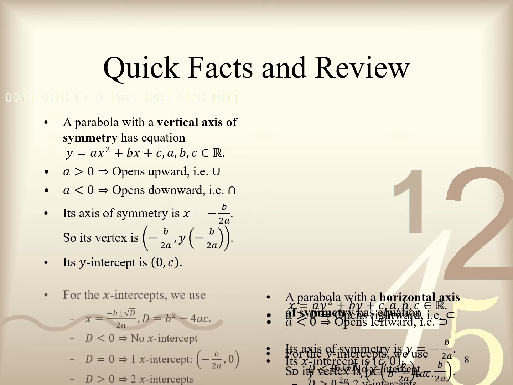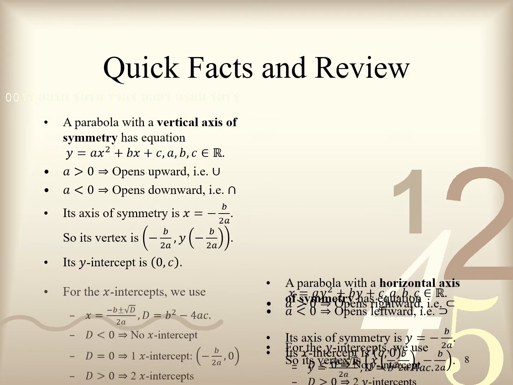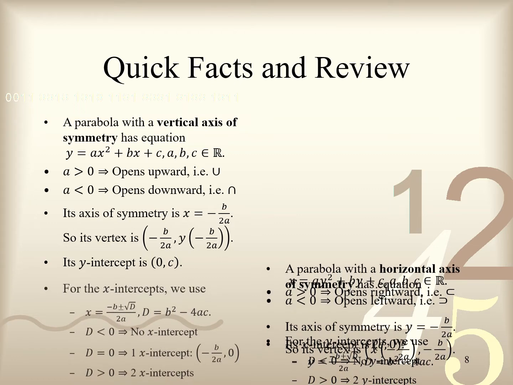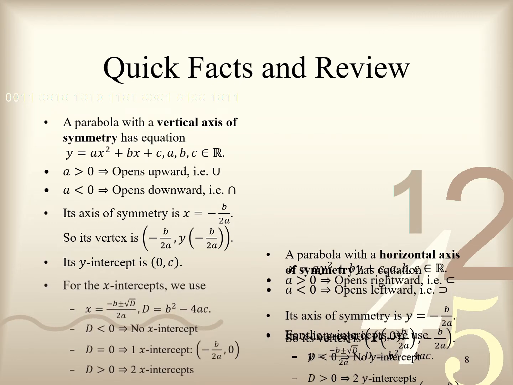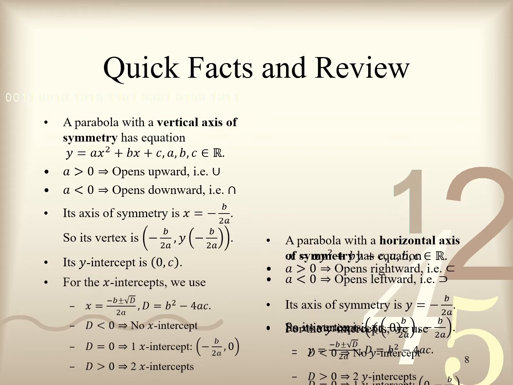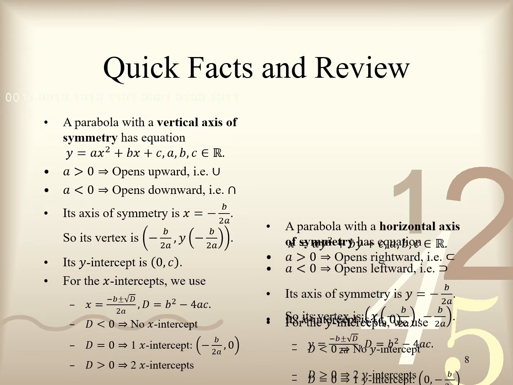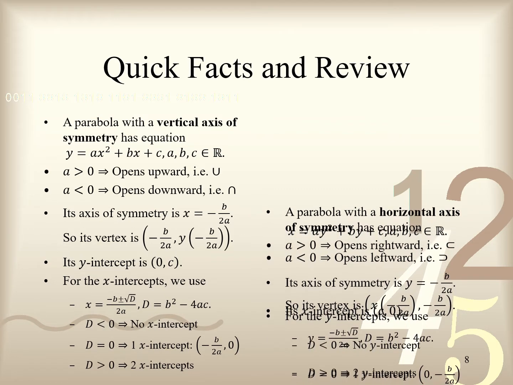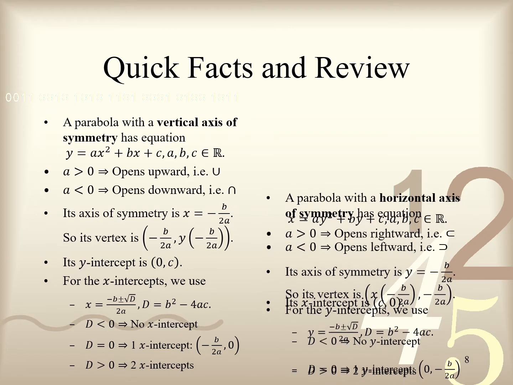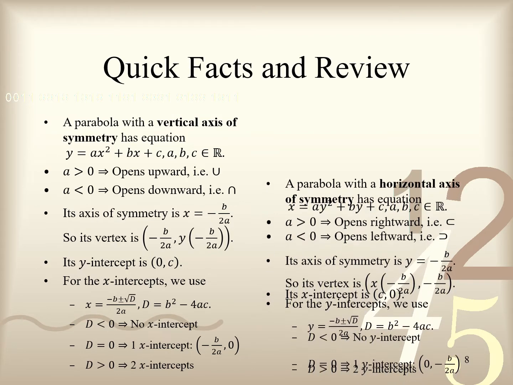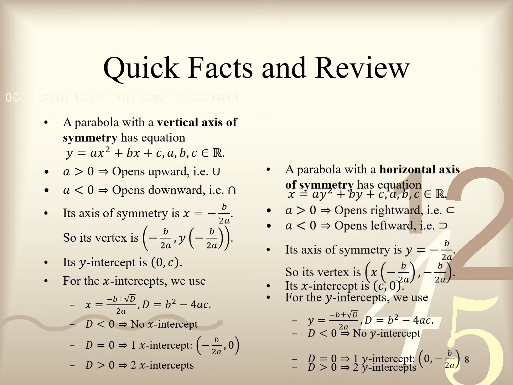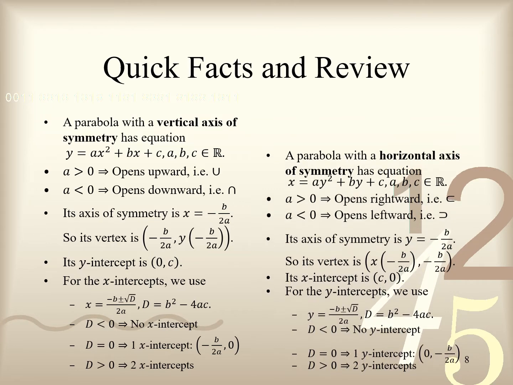The existence of x-intercepts for this parabola depends on the quadratic formula, where d denotes the discriminant, b squared minus 4ac, of the parabola. If d is negative, there are no x-intercepts. If d is 0, there is only one x-intercept, and if d is strictly positive, there are two x-intercepts.